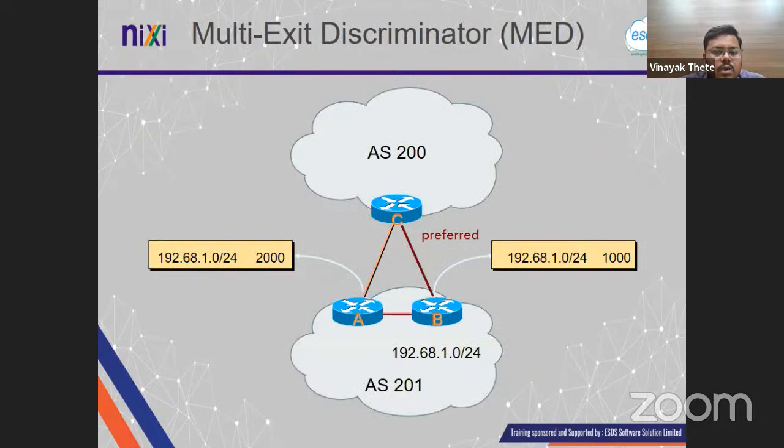So AS200 and AS201: for AS200 to reach the network 192.168.1.0/24, if the MED values we have configured are 2000 and 1000, then the lower one will be the preferred path for AS200 to reach AS201.